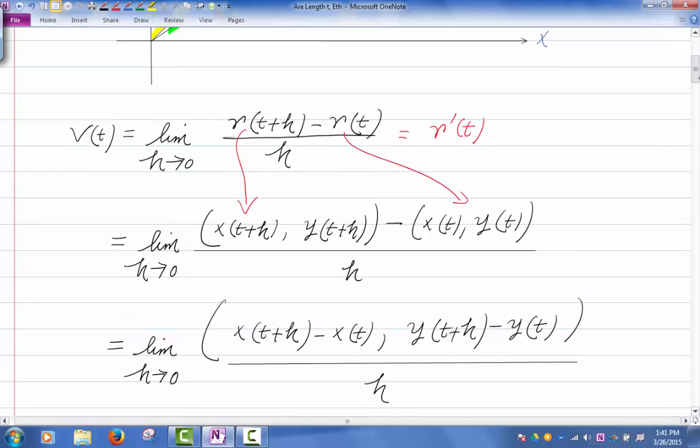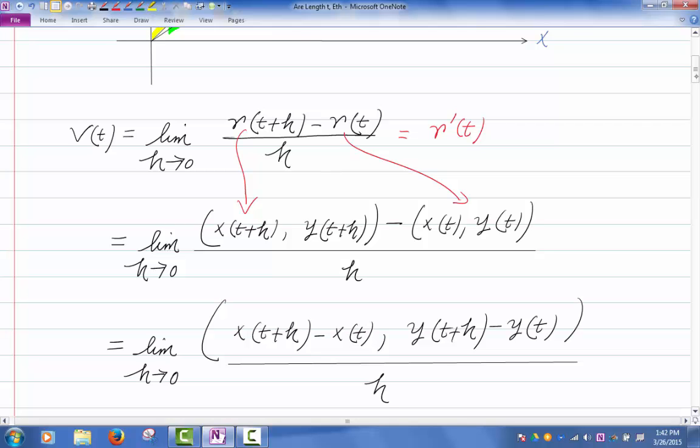And now, how do you take the difference of two vectors? I have one vector here, another vector here. Well, you take the difference component-wise. So you subtract x of t from x of t plus h, and you subtract y of t from y of t plus h. That's how you subtract vectors component-wise.